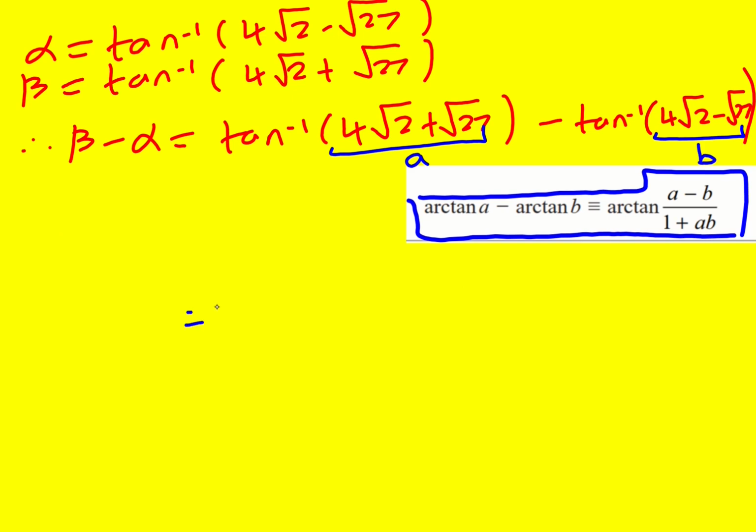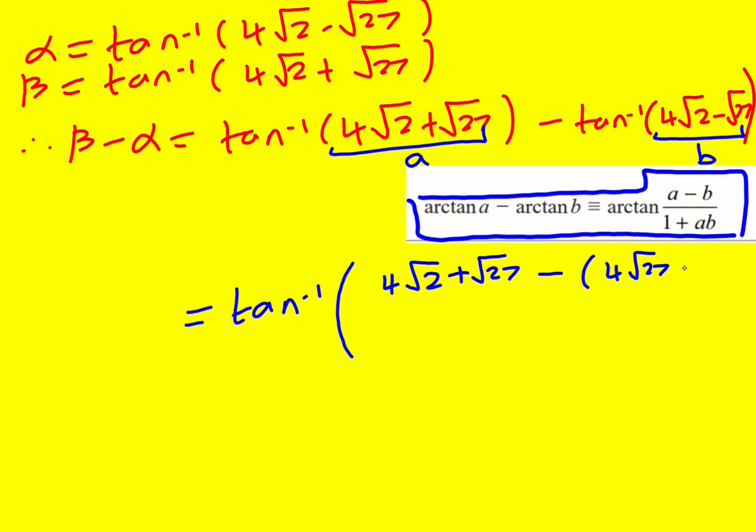And therefore the answer is going to be inverse tan of 4 root 2 plus root 27 minus 4 root 2 minus root 27. Sorry, I was just trying to fit it all in.